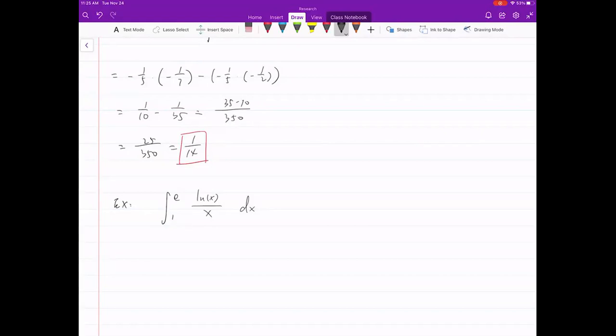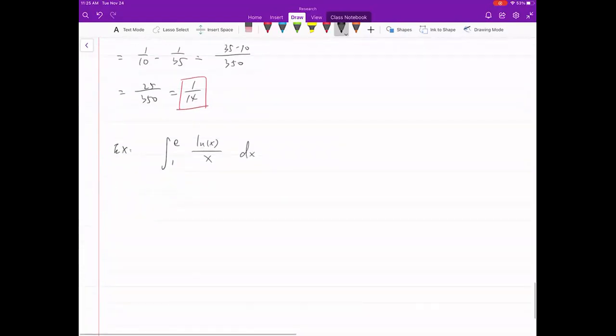All right. First, we need to realize, and then we have the original function. We also have the derivative. That's a hint. Your u should be ln x.